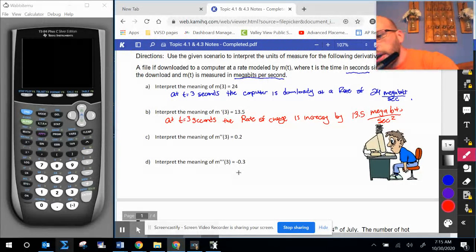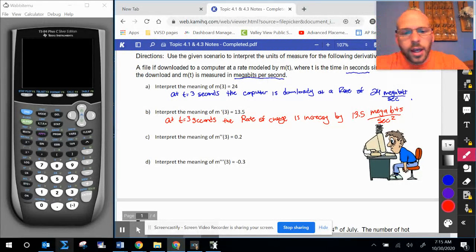So if m of t is megabits per second, the derivative will be megabits per second squared.